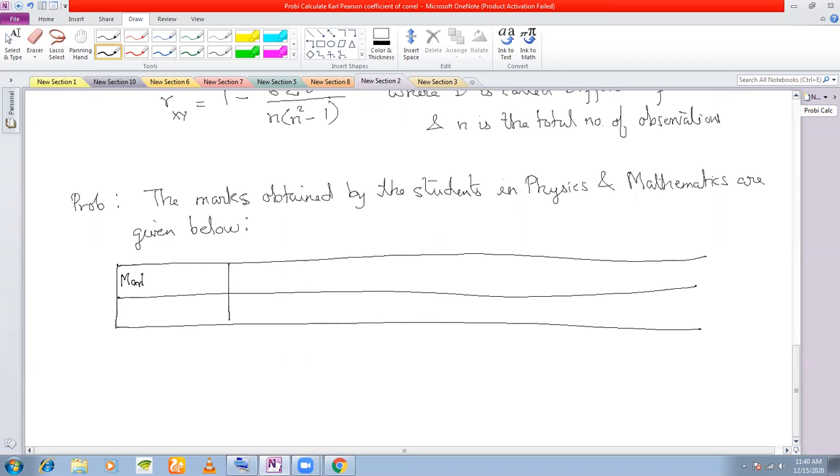The marks in physics, and marks in mathematics. So these are the observations, marks in physics.